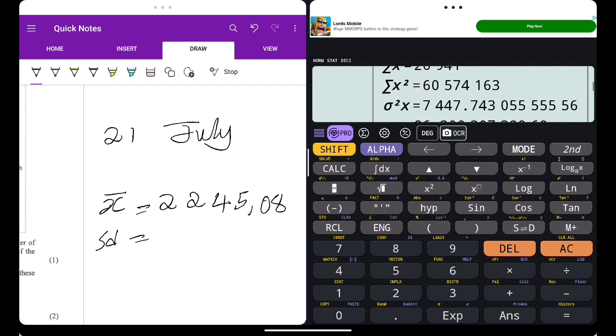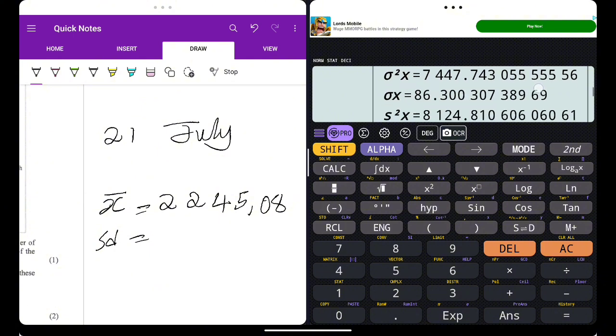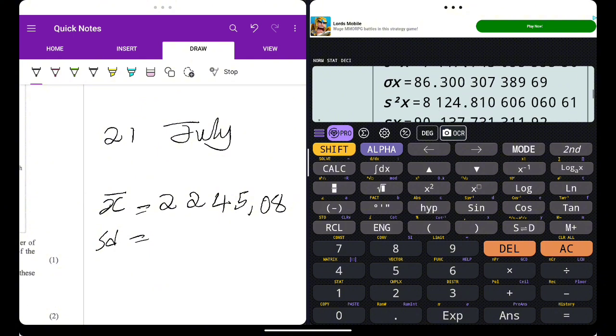We want the square root of that, which is actually the standard deviation, number 3 on your calculators. So it is 86.30. So if you see a QX, then you know that it's the standard deviation.